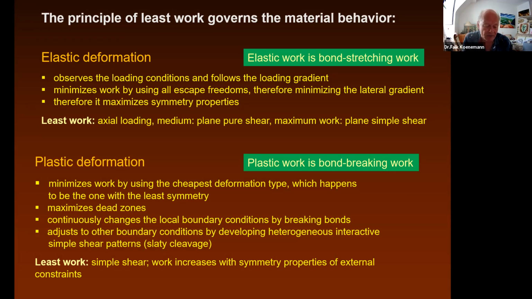By the same token, plastic deformation tends to be as heterogeneous as possible because simple shear forms conjugate shear zones, thereby maximizing dead zones. Plastic deformation work is bond breaking work, and any bond not broken is energy saved. We shall have to rethink deformation completely.